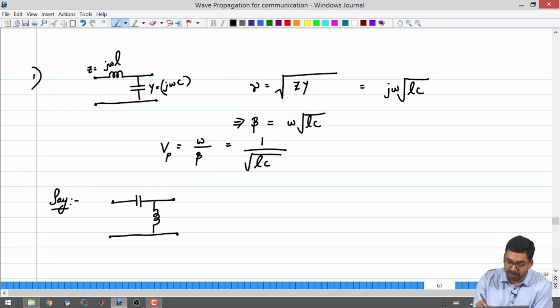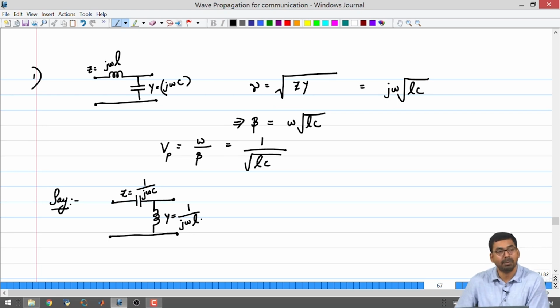First of all, the series impedance Z will become 1 by j omega C. The parallel admittance will become 1 by j omega L. This is the first thing that we notice.